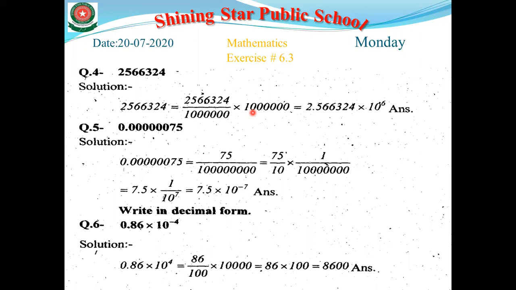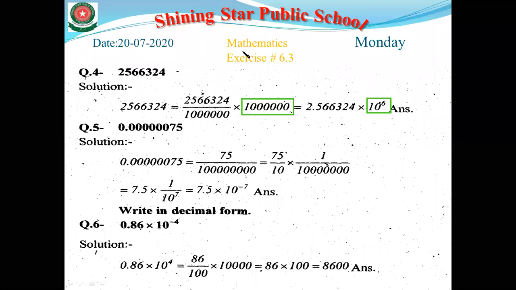Now when we divide 2566324 by 10 lakh, it becomes 2.566324 multiplied by 10 power 6. Why 10 power 6? Because here we have 1 and 6 zeros. So that's why we write 10 power 6.